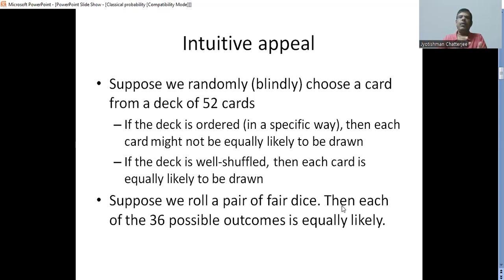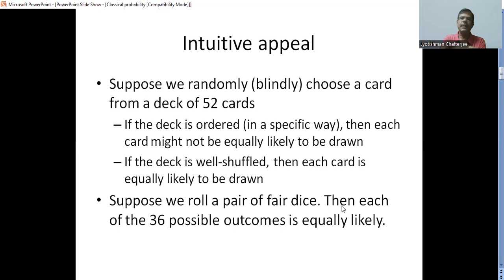Now, the deck of cards may be kept arranged in some order. Say, for example, first you keep ace, then 2, 3, 4 up to 10, then jack, king, and queen. And then you first put the club, then spade, then heart, and diamond in some order, according to your convention.